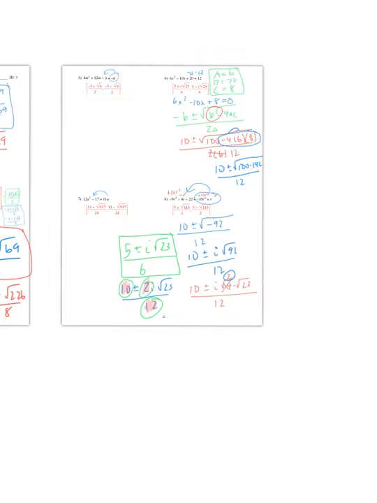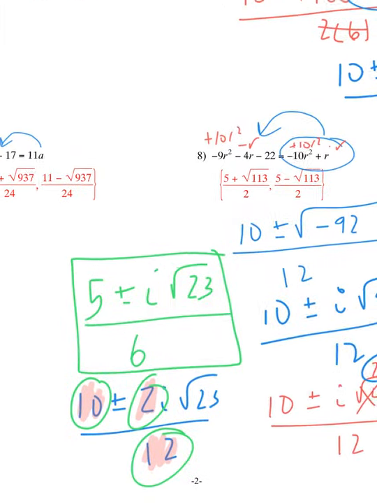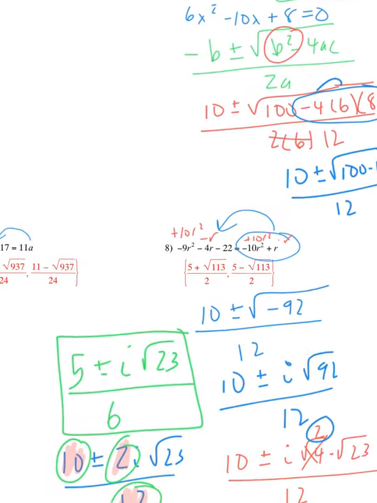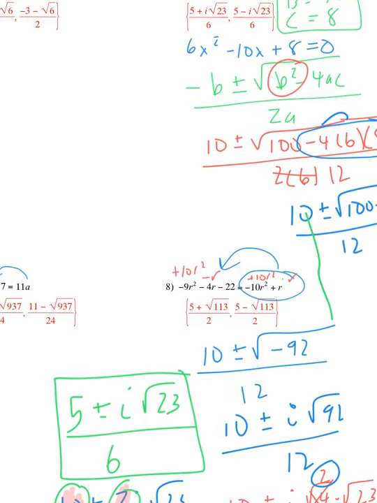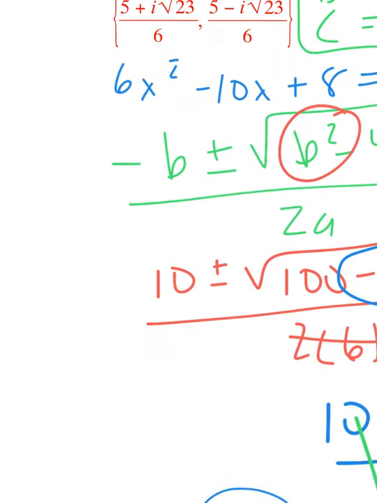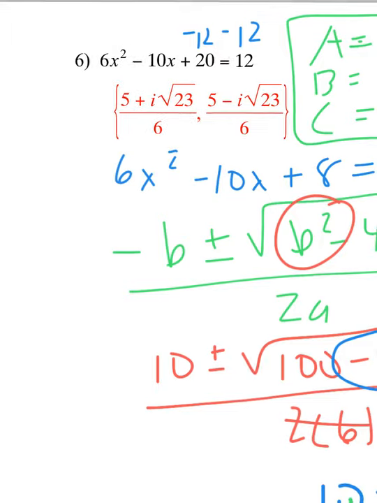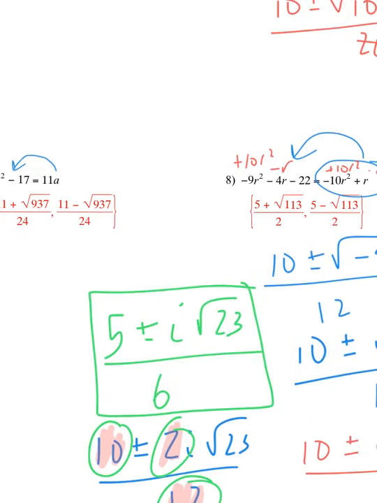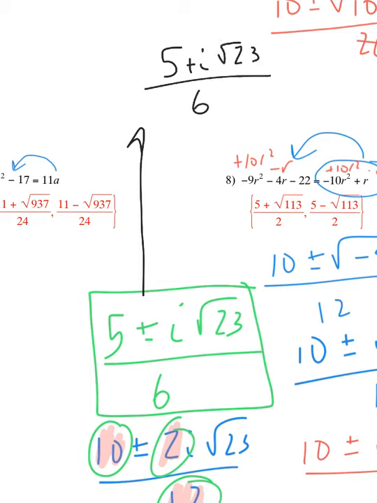All right, now remember, my answer over here shows 2 answers. They've split it up into 2 answers, a plus and a minus. So if you want to see that on yours, you can. You just have to write it out twice. You're going to get 5 plus i, the square root of 23, over 6.